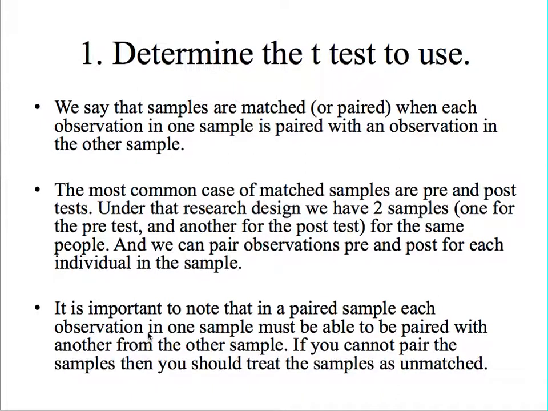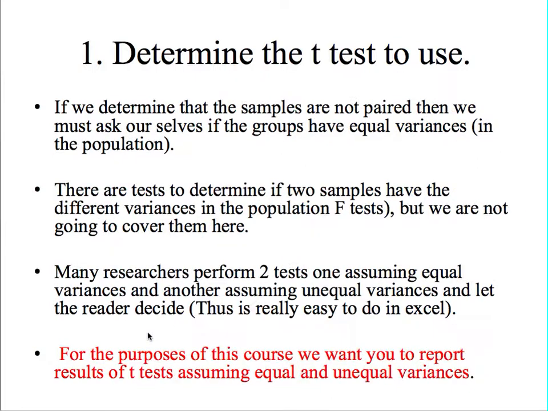In that case, if you cannot match them, then you don't have a matched or paired sample. Only when individuals in one sample can be matched with individuals in the other sample can you use a matched sample or paired sample t-test. If not, then you don't have a matched sample t-test.